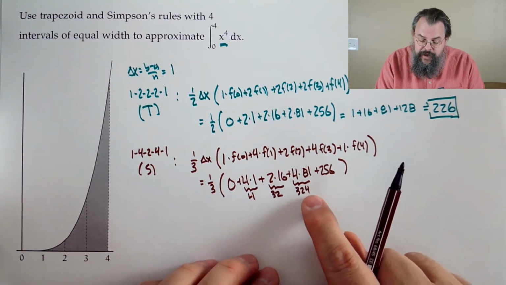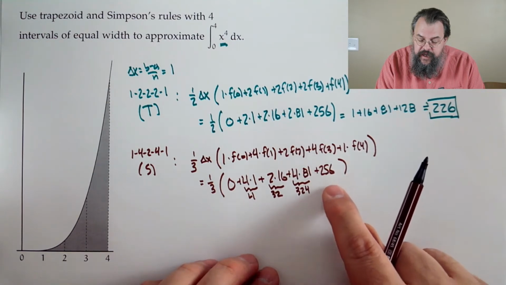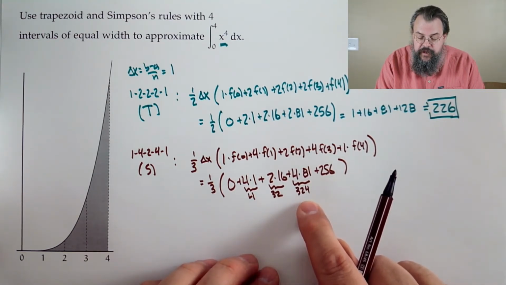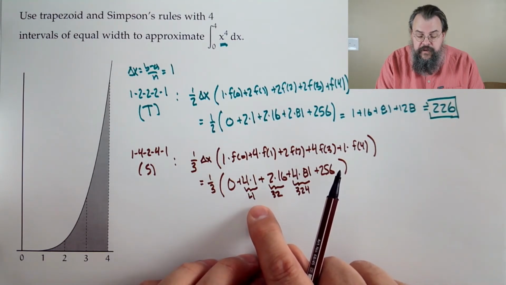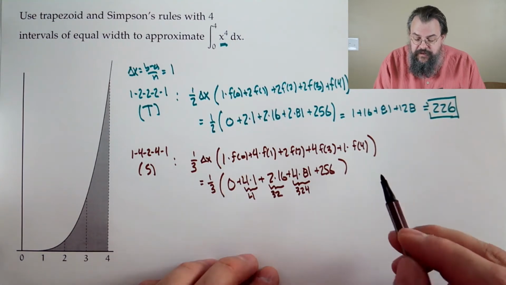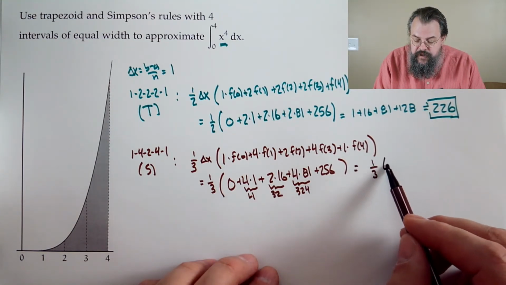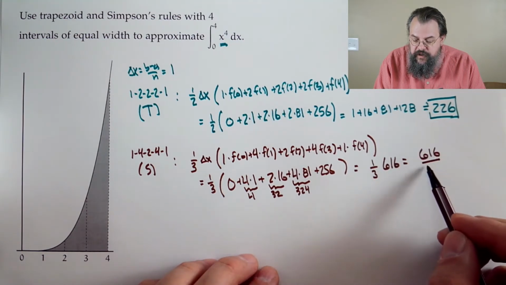Well, that's not too bad. That would be 580 if we added those two together. Plus 32 more, 612, plus 4 more, 616. So that's 1/3 times 616, or really 616 over 3.